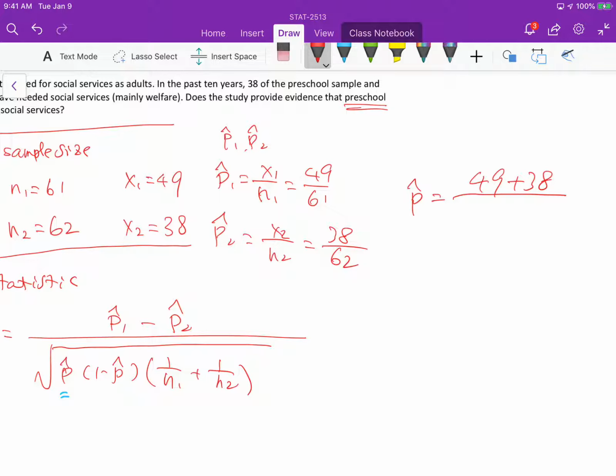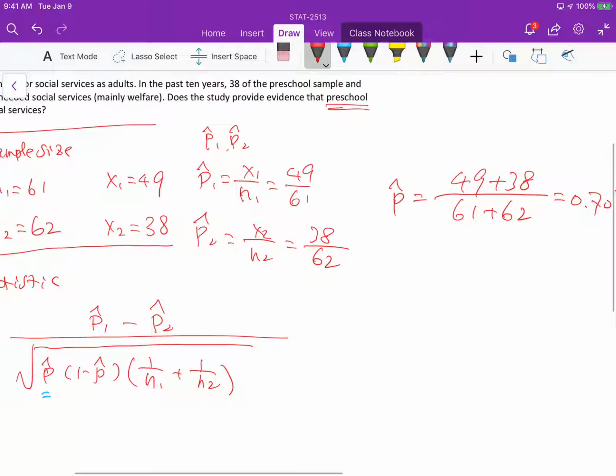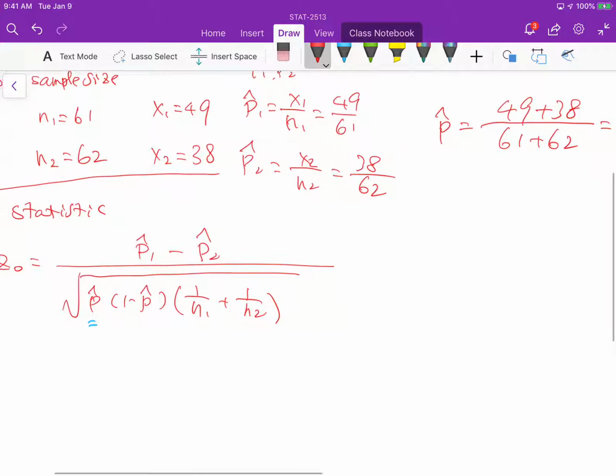And the total sample size is 61 plus 62. Essentially, to get P hat, we combine population 1 and population 2 together. So this is equal to 0.707.